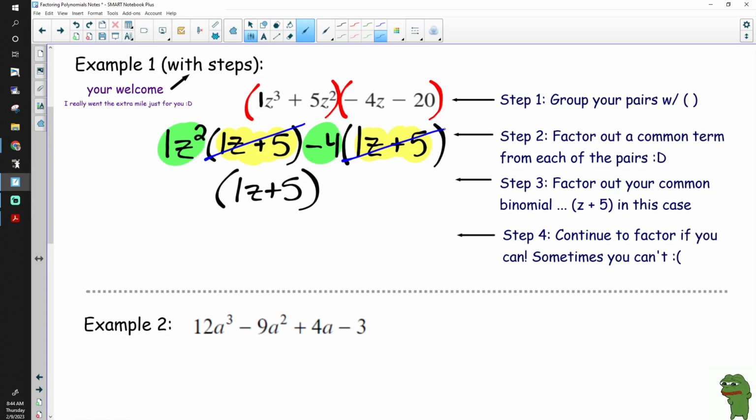What's left? There's a -4, and what else? So that's what is left over. I'm left with a 1z squared and a -4. So I have 1z plus 5 times 1z squared minus 4.